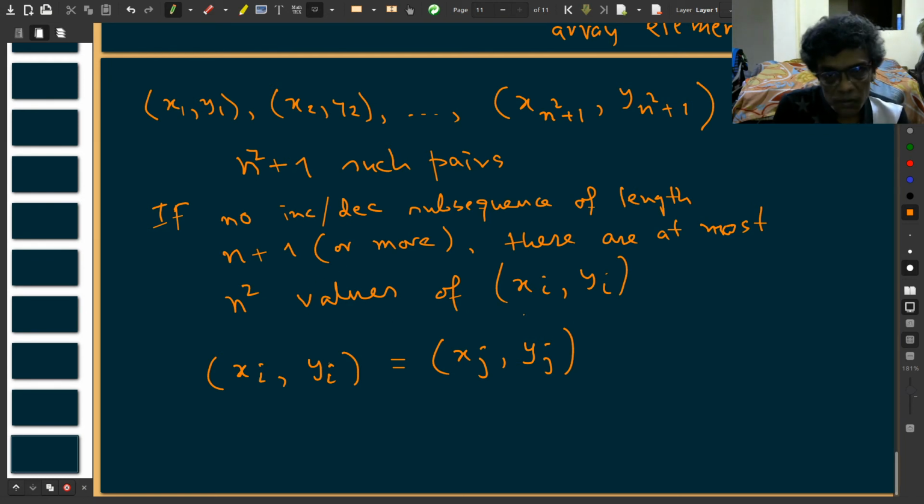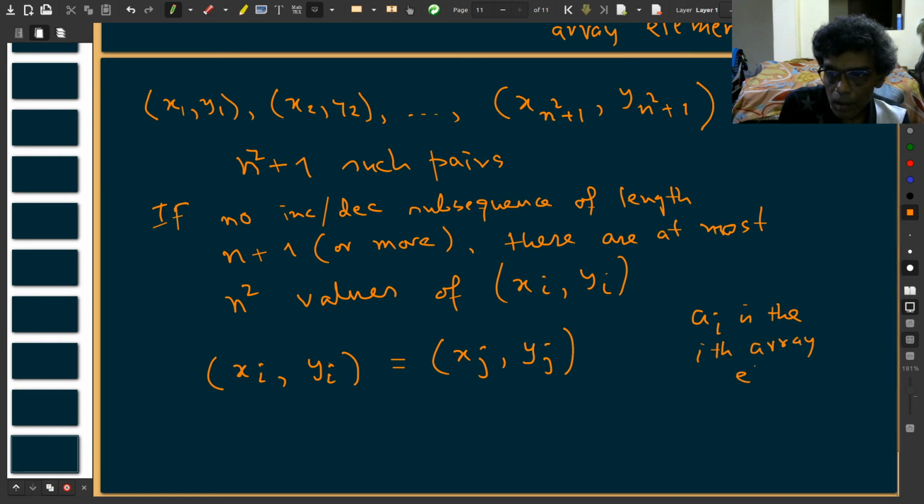Okay, so let us call ai the ith array element. So now let us look at this thing.